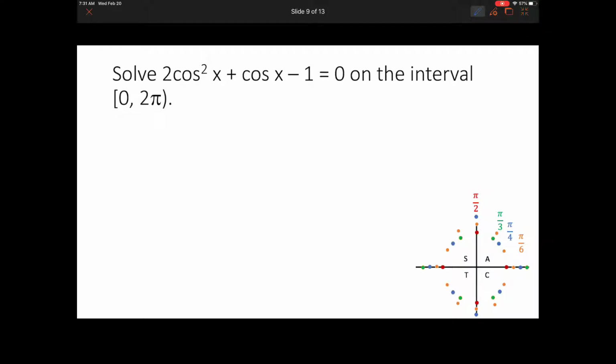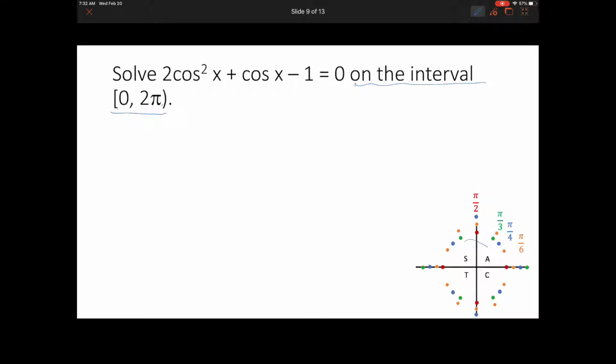So today we're going to be working with something similar. What we should notice though is that we have some new directions. Instead of finding all solutions, we're looking for the interval of 0 to 2 pi, inclusive of 0 but exclusive of 2 pi.